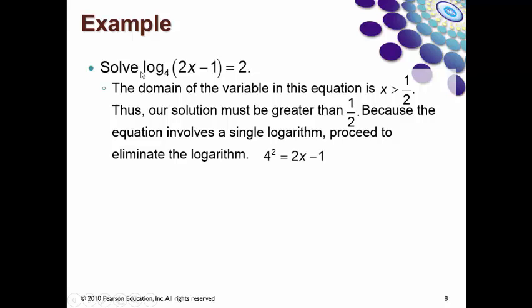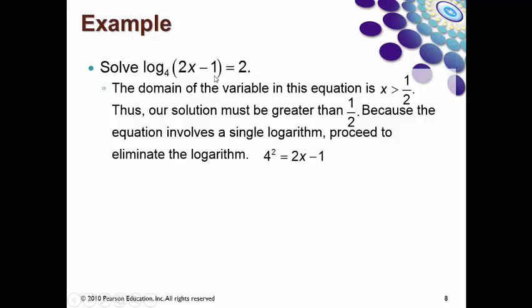So we're going to take this log equation and write it in exponential form. The base of the log is the base of our exponential. The log is the exponent, so the exponent is 2. So I apply 2 to the base of 4, and the result is whatever is in the input position of my log.